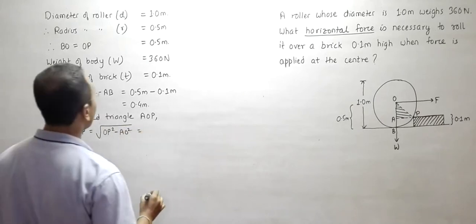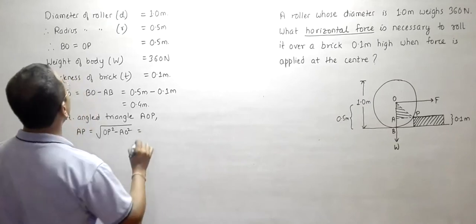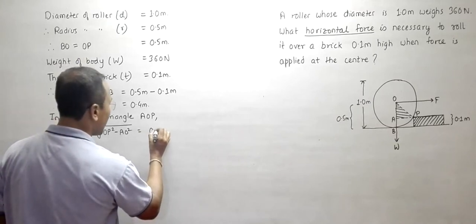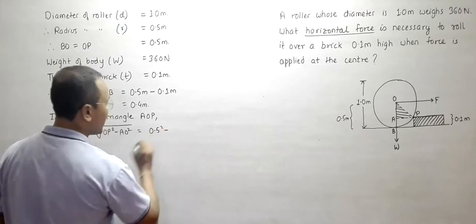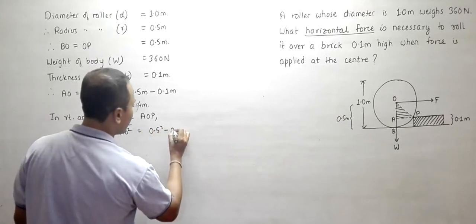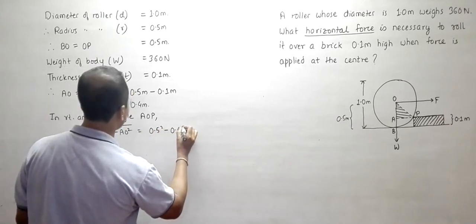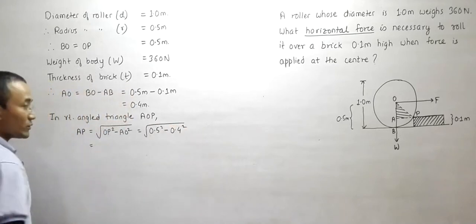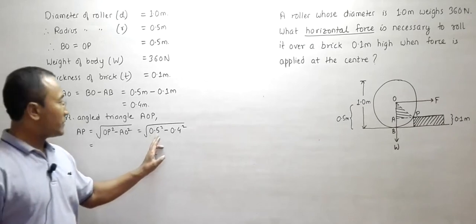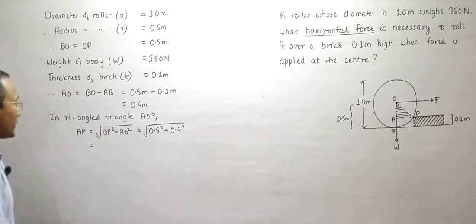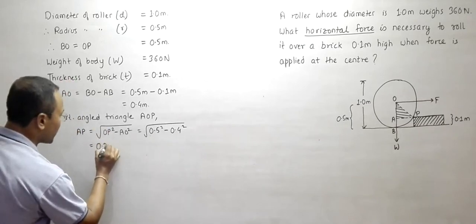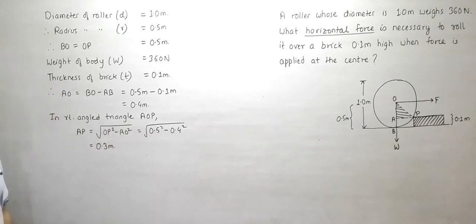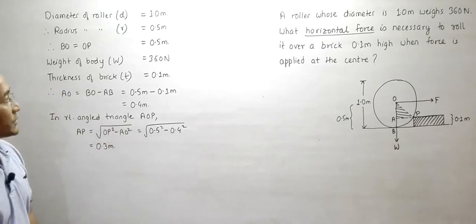That will be equal to 0.5 square minus 0.4 square. As we know the Pythagorean triads, it is 5, it is 4, then the other should be 3. So it should be equal to 0.3 meters. So AP equal to 0.3 meters.